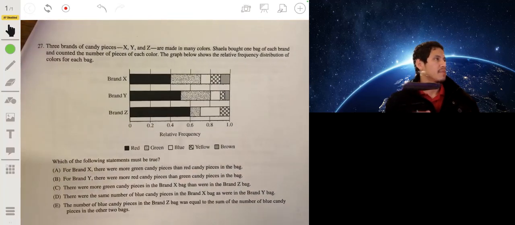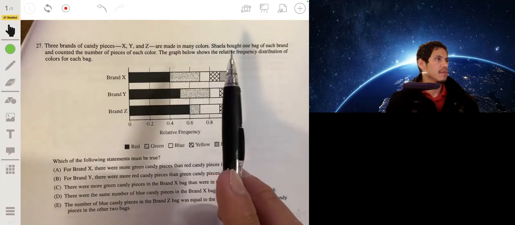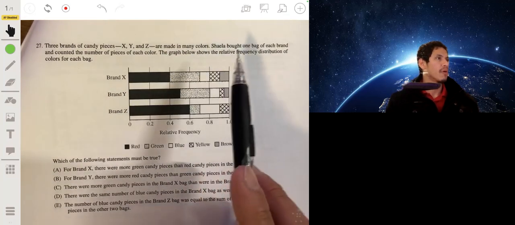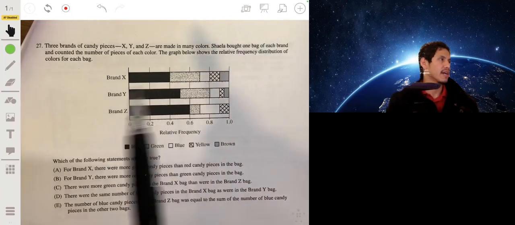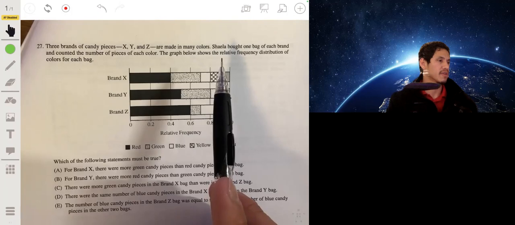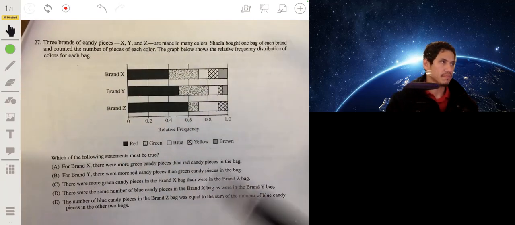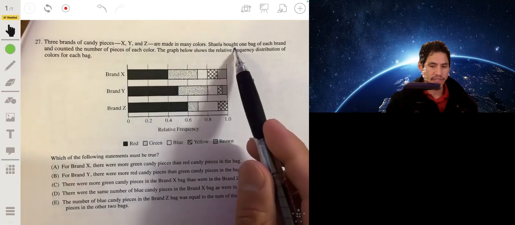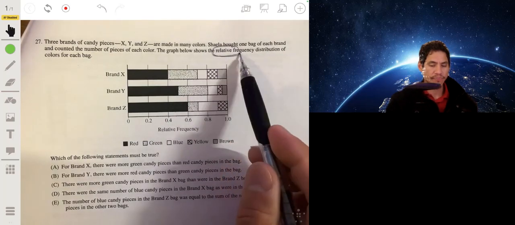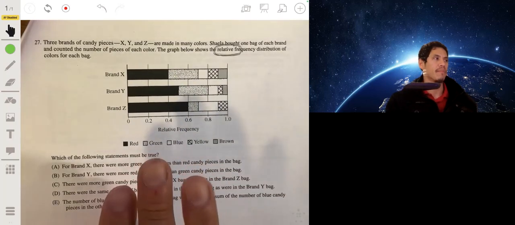27. 3 brands of candy pieces X, Y, and Z are made in many colors. Shayla, interesting name, bought 1 bag of each brand and counted the number of pieces of each color. The graph below shows the relative frequency distribution of colors for each bag. Okay, first let's pay attention to the word relative, because that's not the amount.